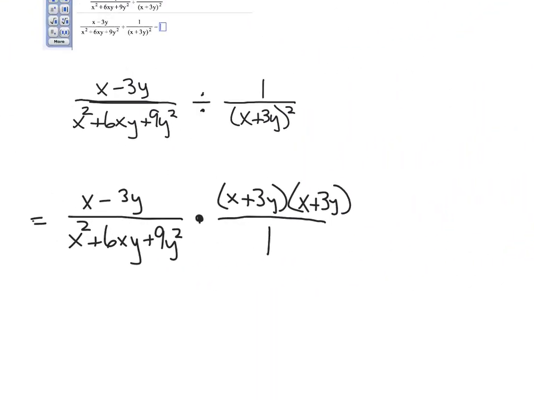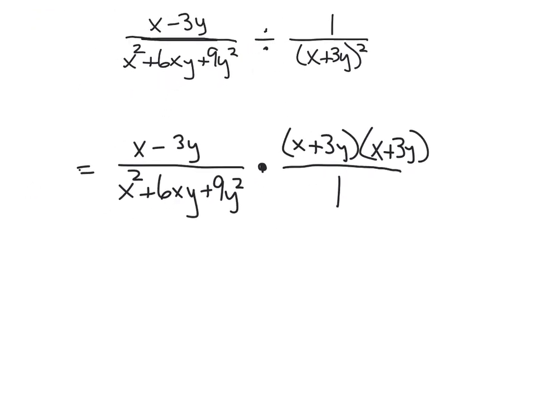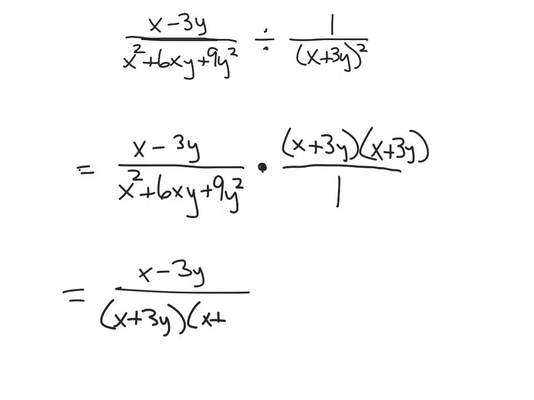So when we go back over here, this is equal to, so the numerator is the same. That doesn't change. But down here, this term we just factored equals x plus 3y times x plus 3y.